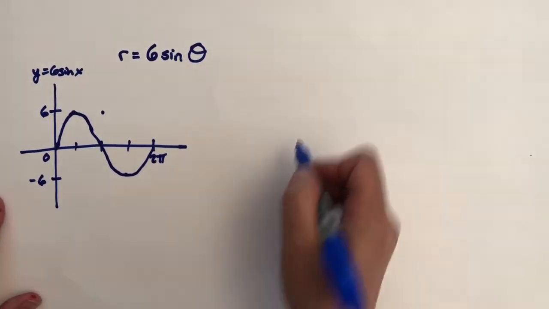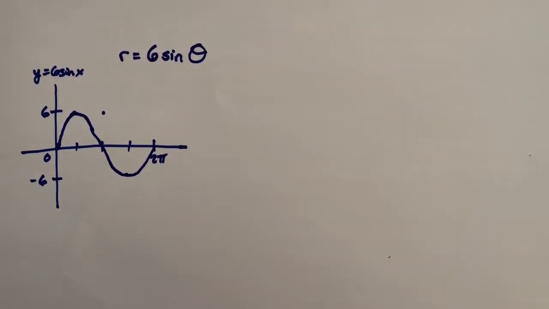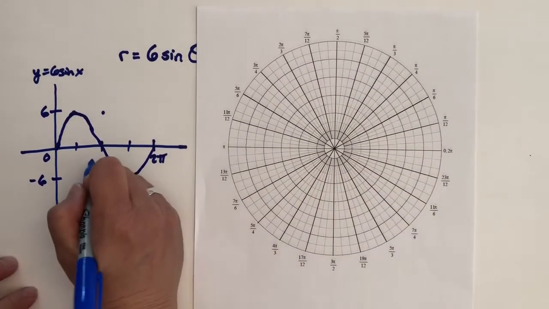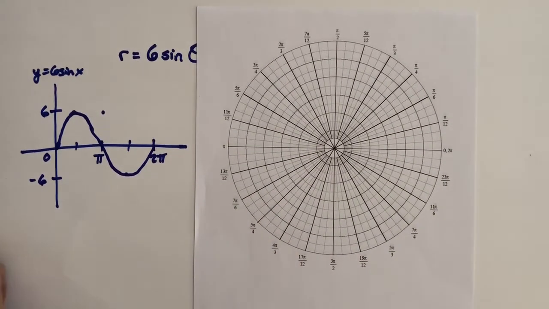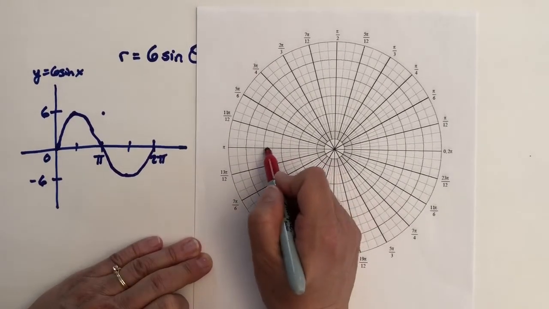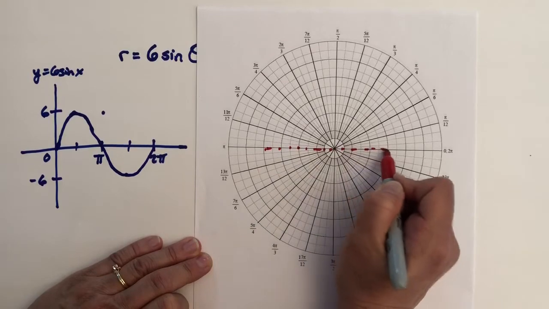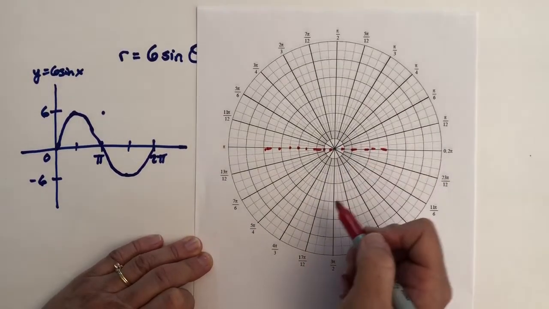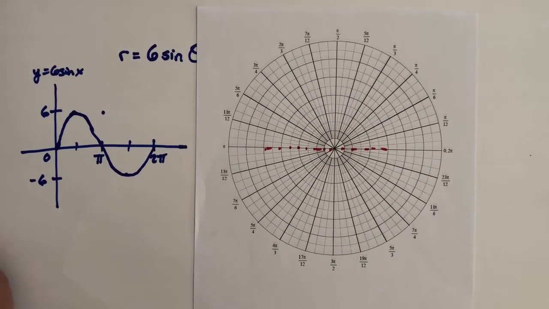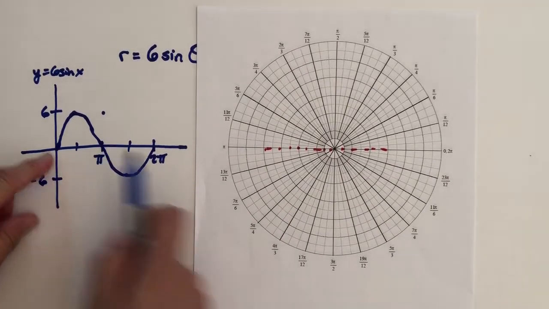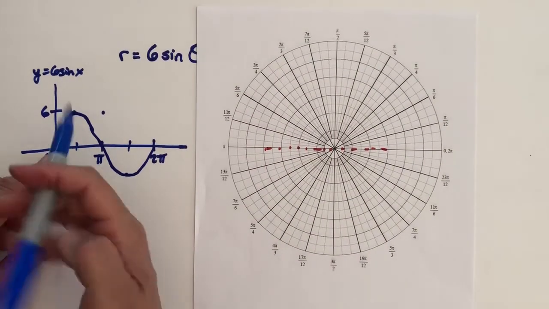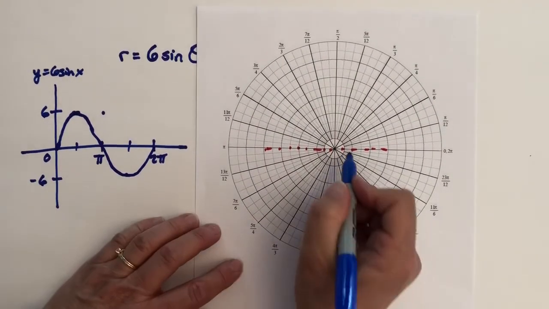And if we get our polar grid here, let's think of it the same way. Our tangent line at 0, pi, and 2 pi, there's 0. So between 0 and pi, the graph will go out to 6 and come back in.